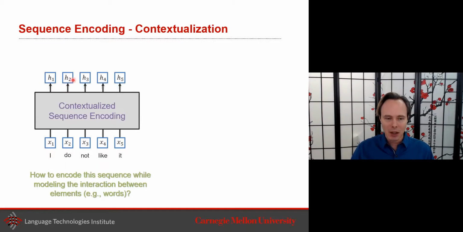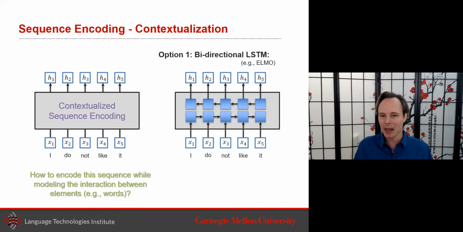So that's sequence encoding. There's another type of sequence encoding where maybe you get one embedding for the whole sentence or sequence, and that's also something we'll study now. But how can you do this kind of sequence embedding with the tools we already know how to use? One of them is bidirectional LSTM.